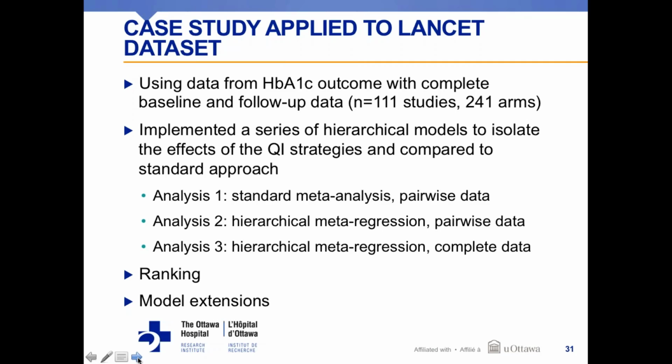So the first analysis was the standard meta-analysis using just the pairwise data, so we reduced multi-arm studies to just 2-arm studies. Analysis 2 used the hierarchical meta-regression, so the new model, but just with the pairwise data. And then analysis 3 used the hierarchical meta-regression, but with all available data, so all arms within all studies. And then I'll go through some ranking, application, and other model extensions.